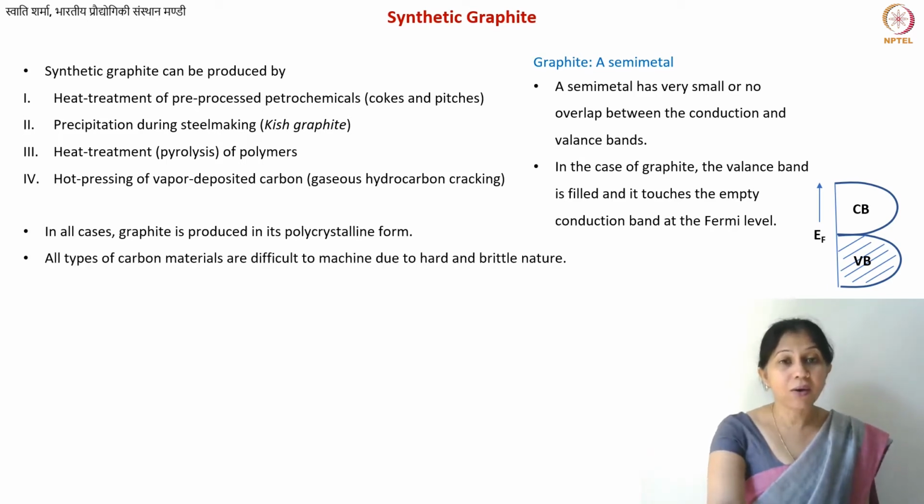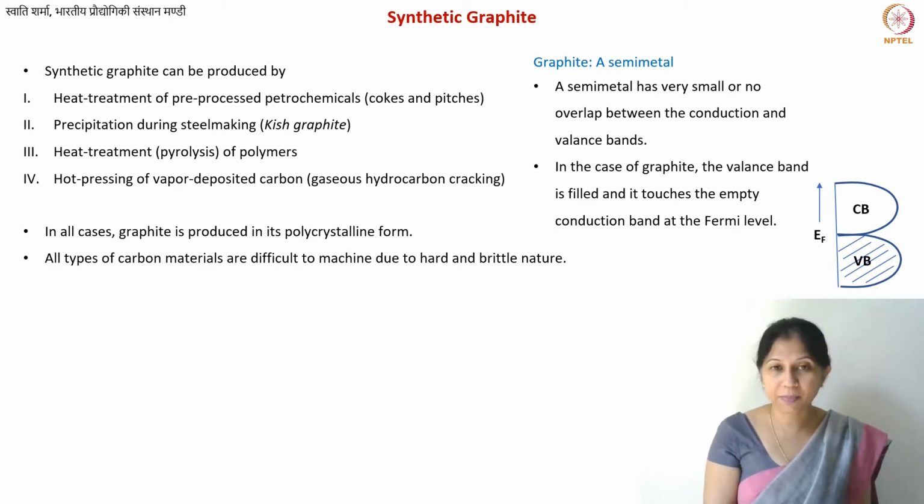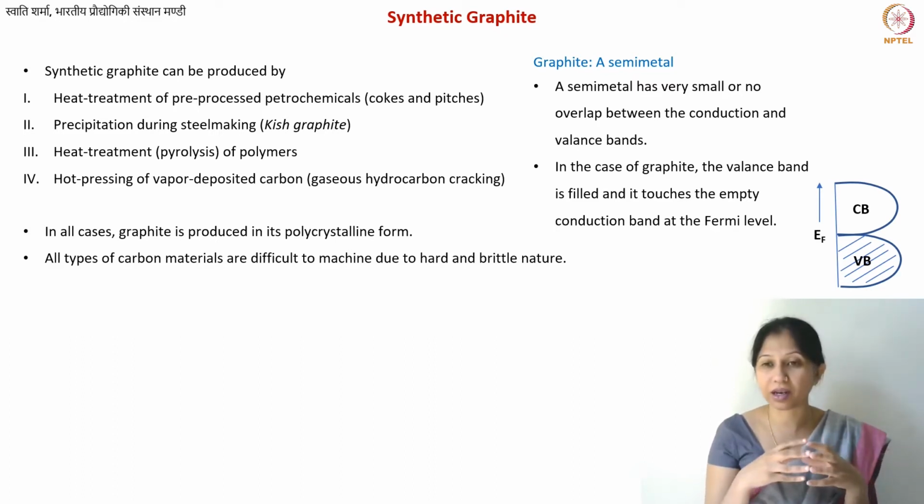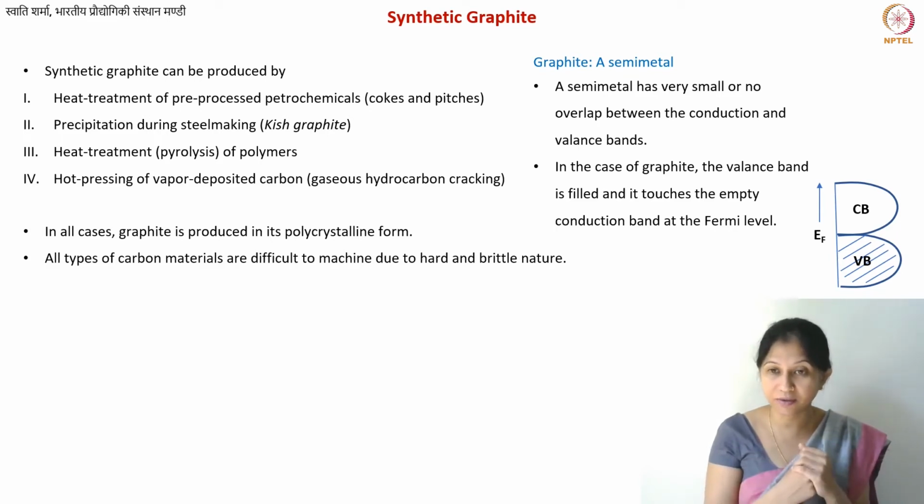Now this also we had discussed previously. For manufacturing applications, it's difficult to machine any carbon material, not just because of their hard and brittle nature, but also because you don't want to compromise on the crystal structure of the graphite and so on. And today we are going to see what is the solution to this.